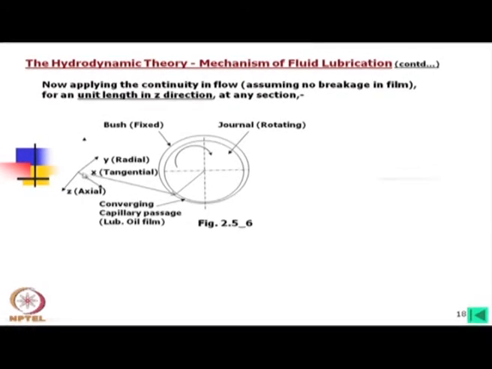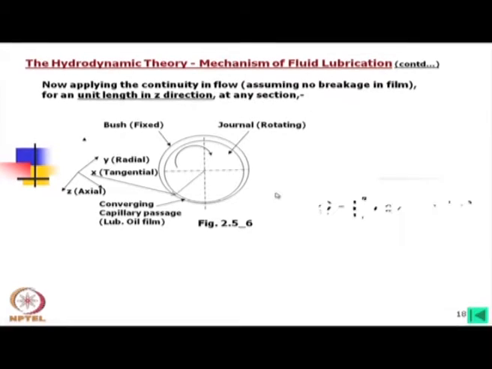You can see these directions: this is along the axis of the shaft, this is the x direction, and this is the y direction. We have considered a converging capillary passage, moving like this. From here to where the gap is minimum, there will be the converging fluid, and the pressure distribution will be there; we will see it later.